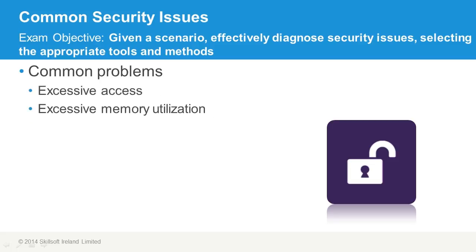Excessive access and excessive memory utilization. This isn't really so much the permissions on a file. So you might be thinking, well, what does excessive access and memory utilization have to do with anything? Executable files also, of course, have privileges associated with them.